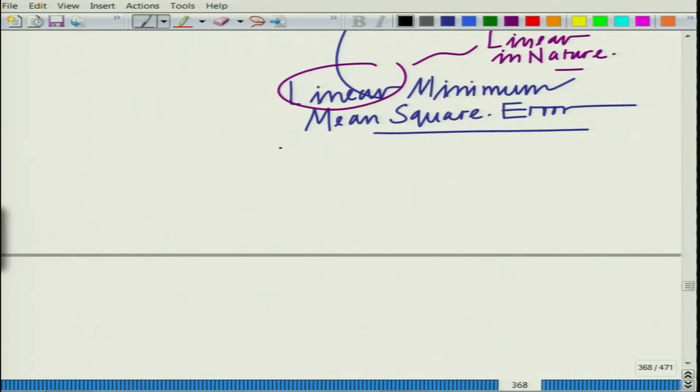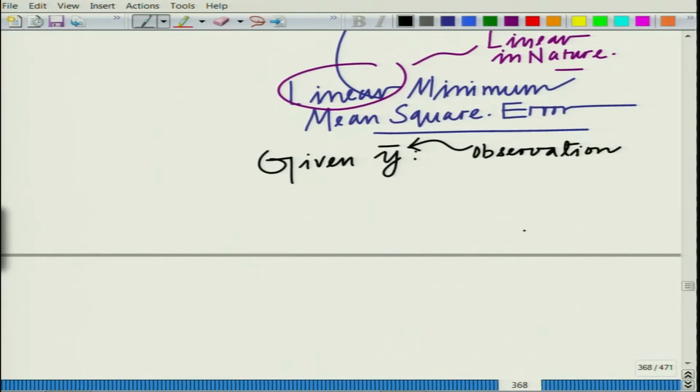And the idea here is as follows. Given y bar, you can think of this as the observation, which is essentially a random vector.